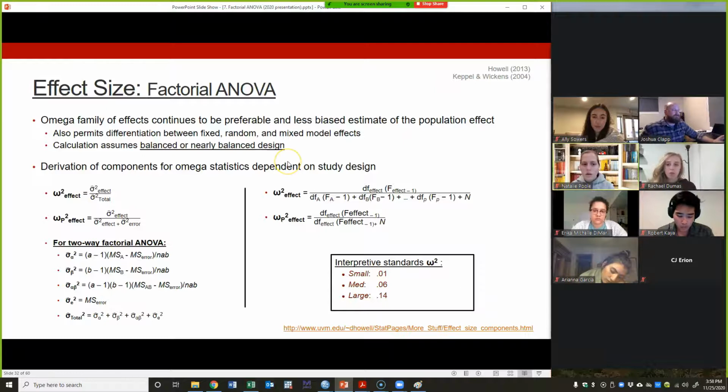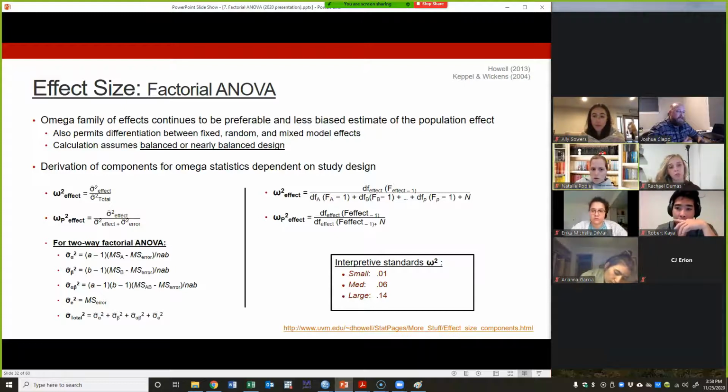Okay. So going over, just like with our one way, we also have our omega statistics. The omega family of statistics are again preferred for making estimates of our population effect. Remember that our sample effect sizes, eta squared and partial eta squared, tend to be positively biased.